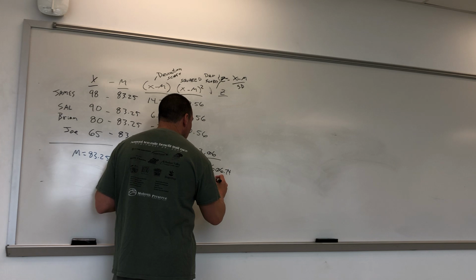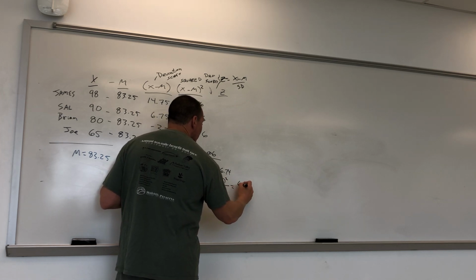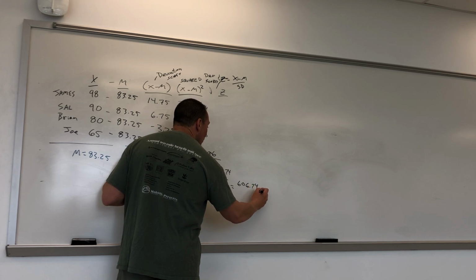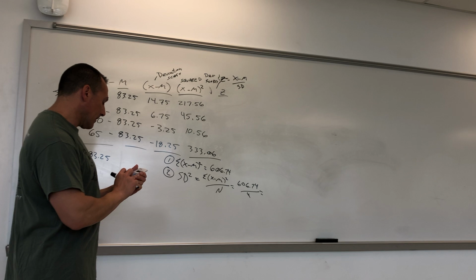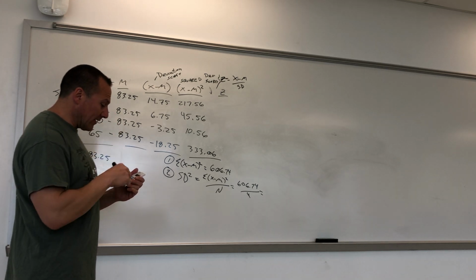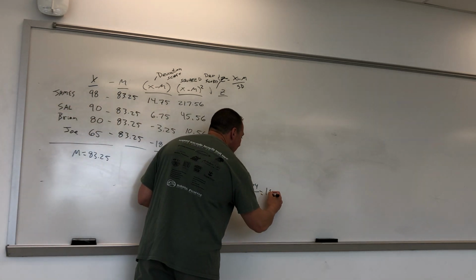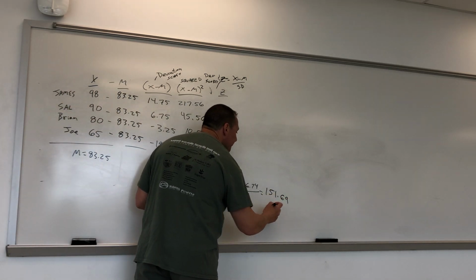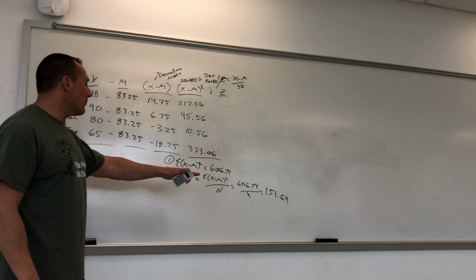So sigma x minus m squared divided by n, which is 606.74 divided by 4, which my calculator is saying 151.69.